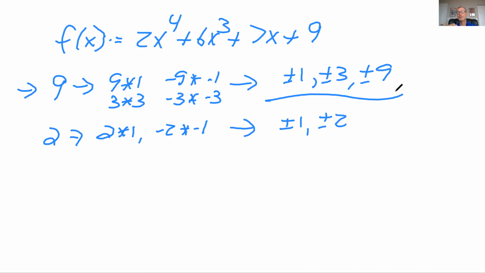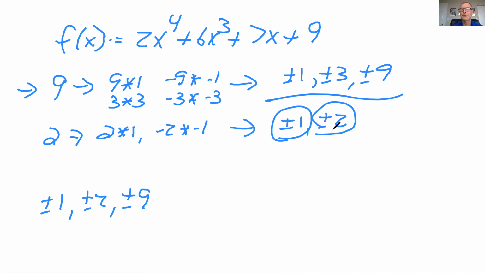And so when you do this, you basically just take the ratio. And so when we have more in the denominator, it's a little bit tricky. So let me walk you through the process that I do. I always start with the 1. ±1 is always going to be a factor. So when you divide that into the numerator, you're going to get ±1, ±3, and ±9.